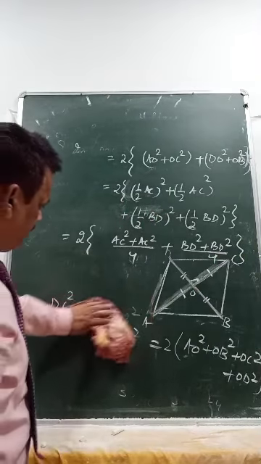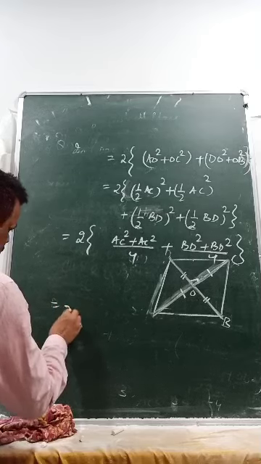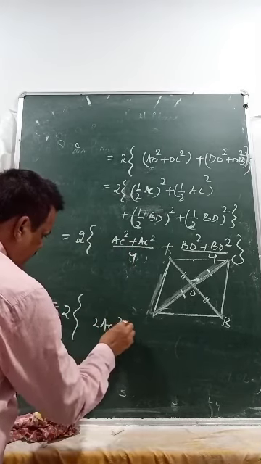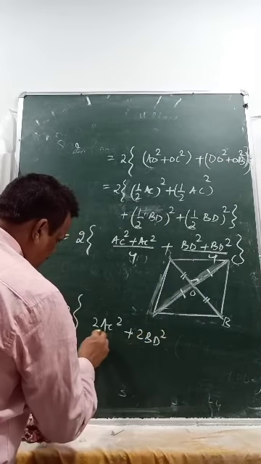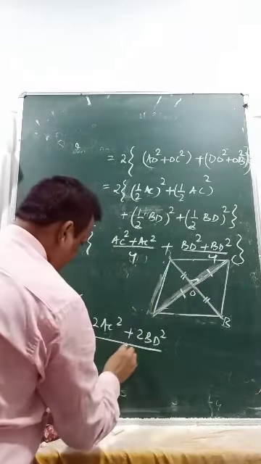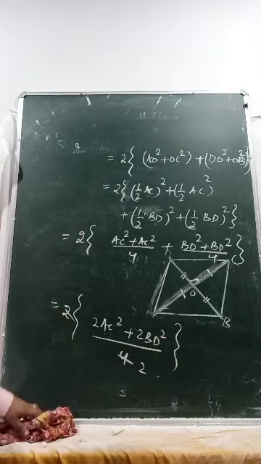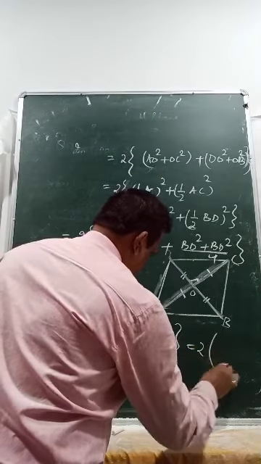Okay. Now this is 2AC square plus 2BD square by 4. The 2 is cancelled here. Now take 2 common.